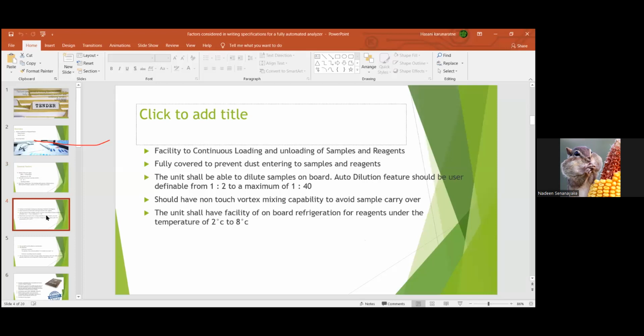These are the general factors I'm going to discuss first. The analyzer should have the facility for continuous loading and unloading of the samples and reagents. What I mean is, with some analyzers, if you want to load samples or refeed the reagents, the analyzer will stop its functioning, and it will take another half an hour or more to start it again.